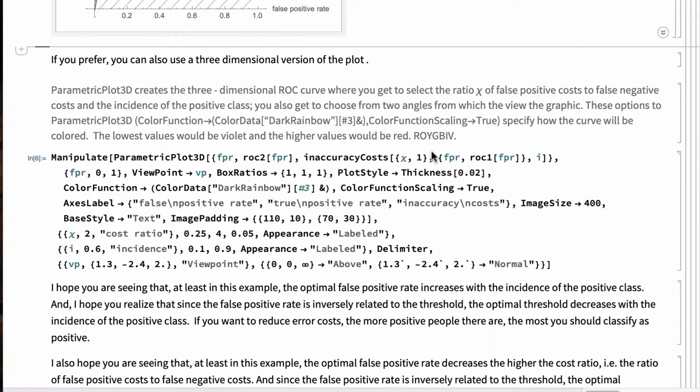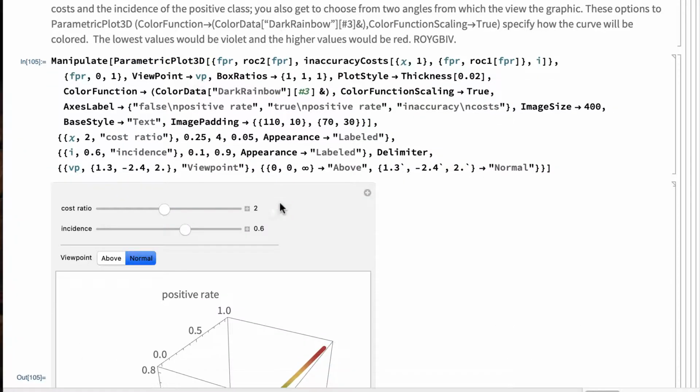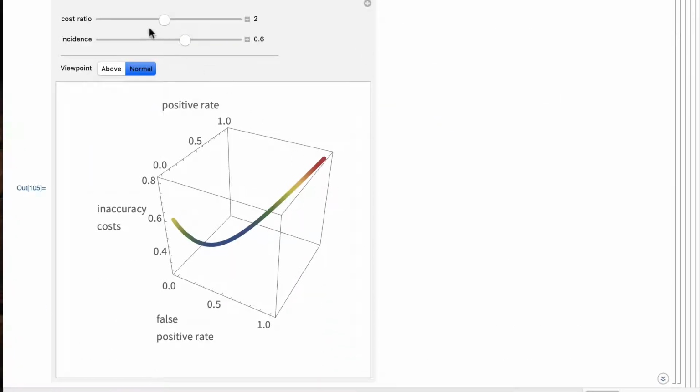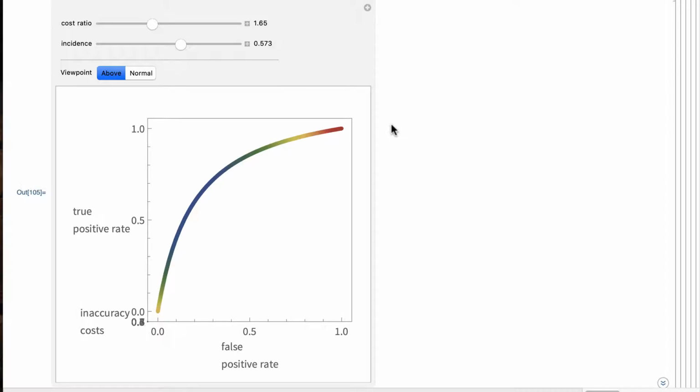If you'd like and you're good at visualizing three dimensions, we can also look at a three-dimensional version of this. And you can see how changing the cost ratio is moving that three-dimensional curve around, and how incidence is moving it around. And again, if you want to see this orthographically from above, you can just click that.